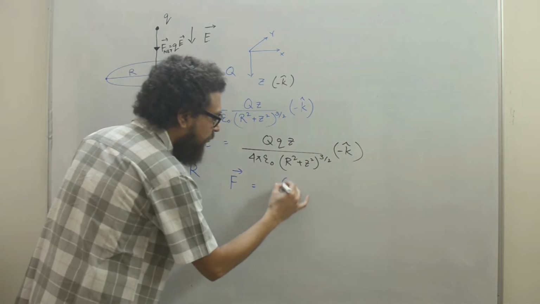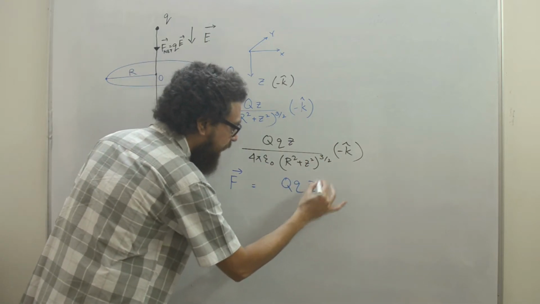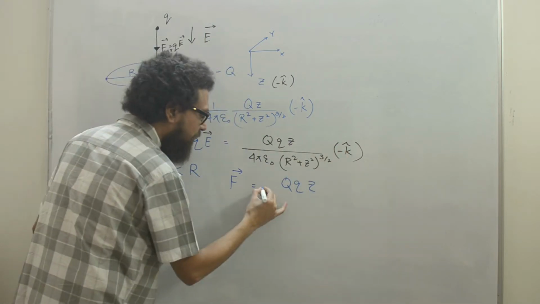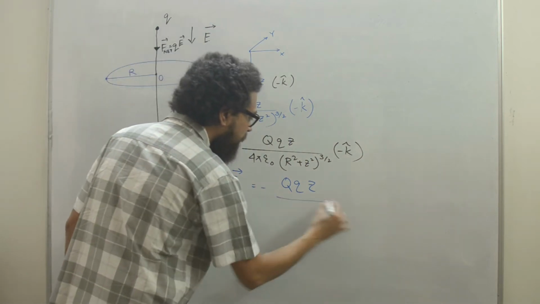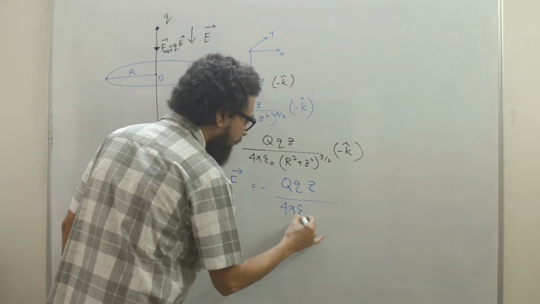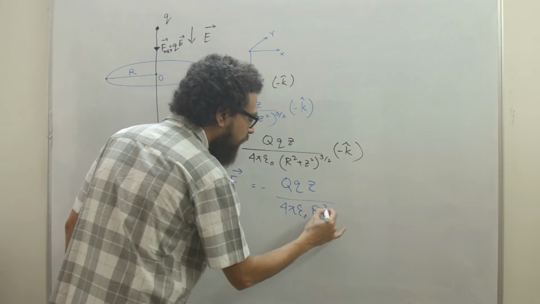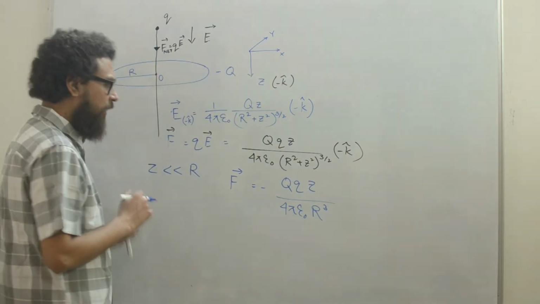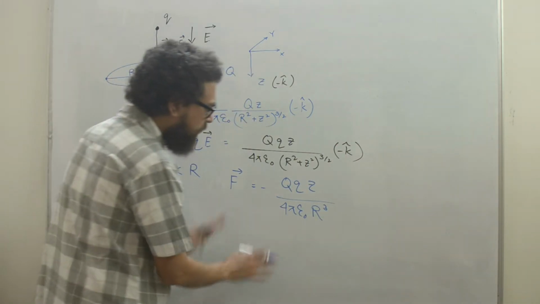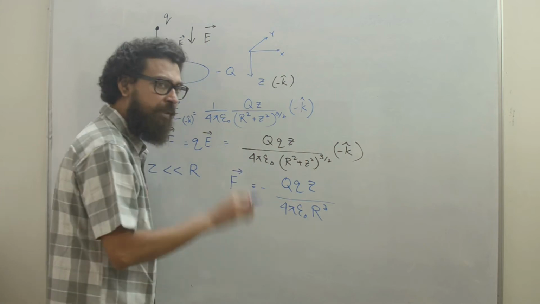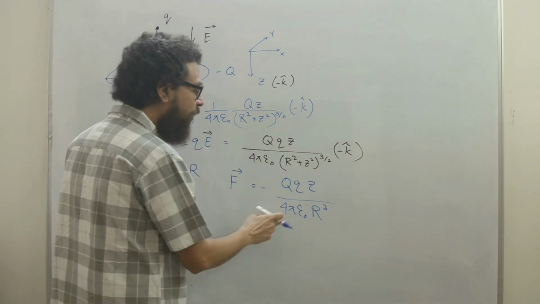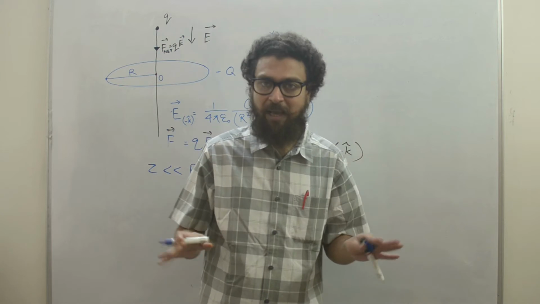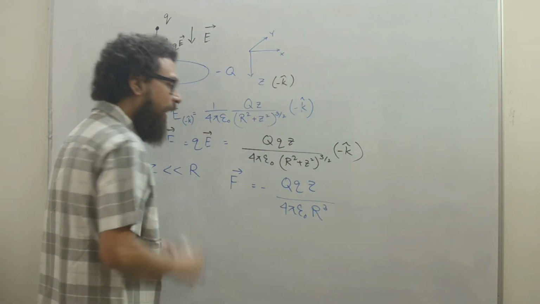It is capital Q small q z, I am taking the minus here, minus k cap is the direction, no issue, divided by 4 pi epsilon naught R cube. Okay, great. So this capital Q, small q is given. We know the amount of charge and they are constant. 4 pi epsilon naught for vacuum is constant, and capital R cube.